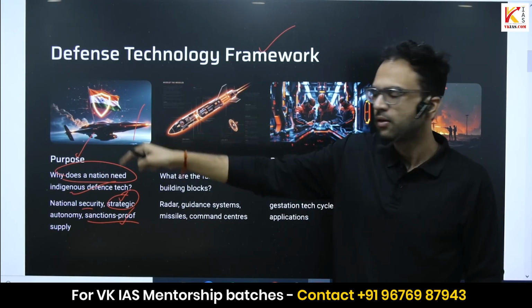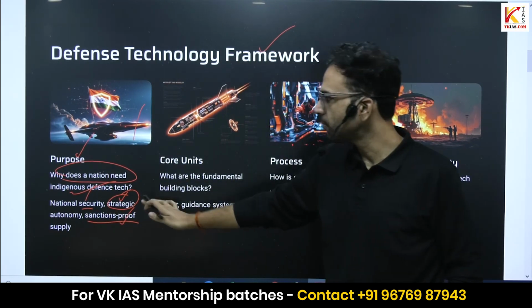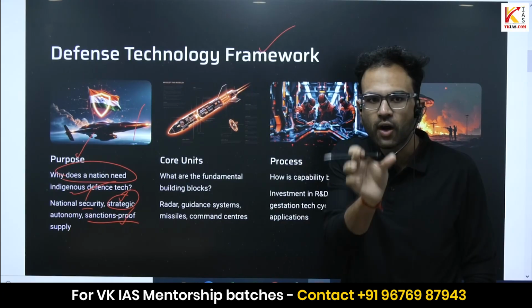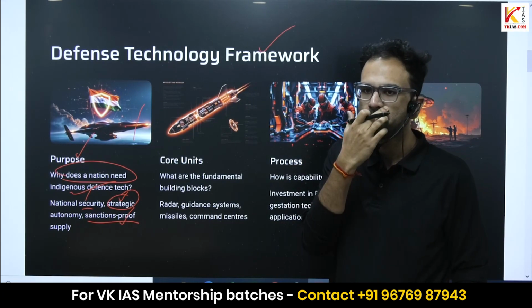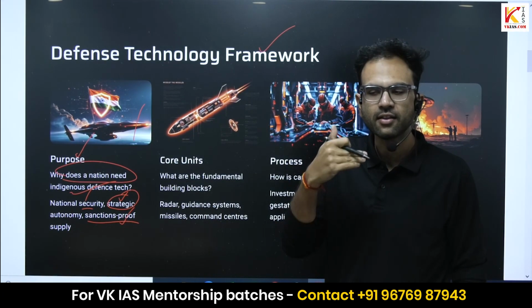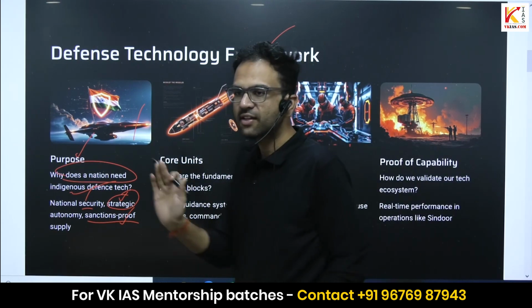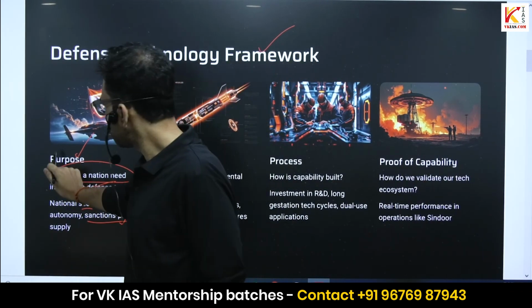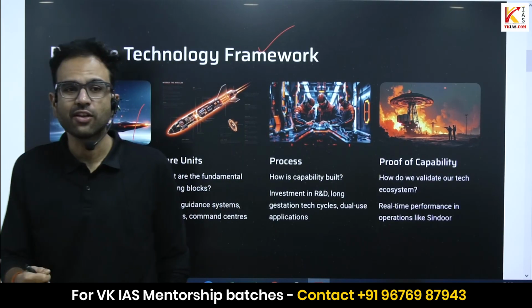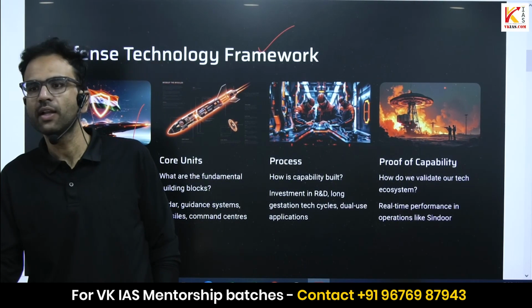Why? National security, strategic autonomy, sanctions proof supply. If these words are visible, you are communicating the intent in the shortest possible way, in the fastest time. Do you think this purpose of indigenous technology will change no matter what article is given?